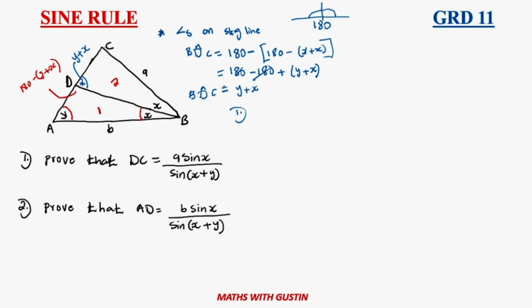So now let's come here to this triangle. They said we must find DC, so if we're using the sine rule, DC is the side opposite this angle, so it's going to be DC over sin x, is equal to A, which is opposite this angle D, so A all over sine angle D, which is y plus x.